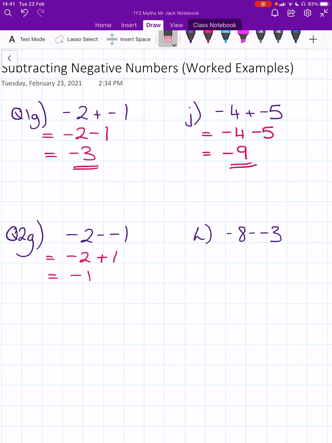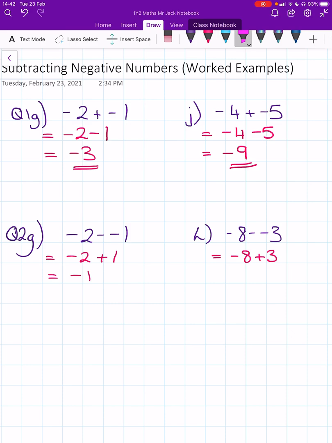Last example. This one says -8 subtract -3. That's how we read that. So again, we start at -8 and the subtracting a negative is replaced by an addition sum, and it's add 3. Okay, again, it's not plus -3.